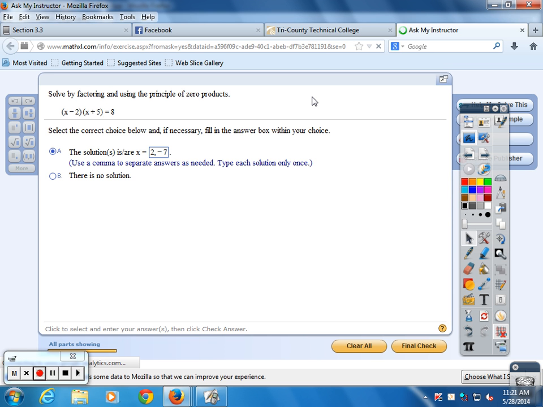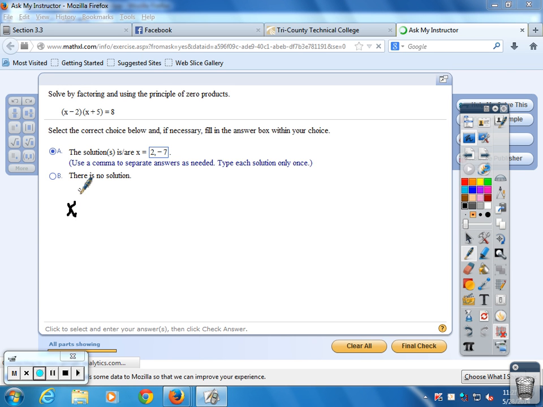That's what I would do. So that would give you x squared plus 3x minus 10, right? X squared plus 3x minus 10. Do that on the left-hand side.